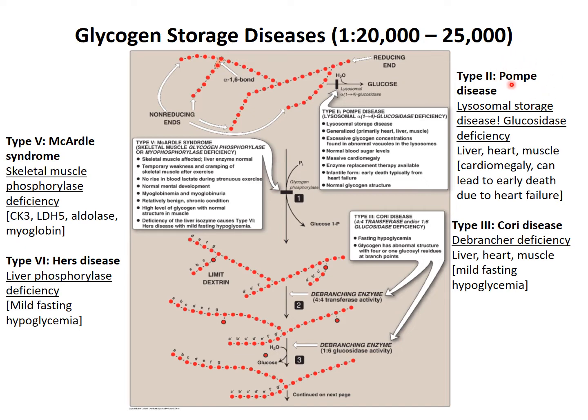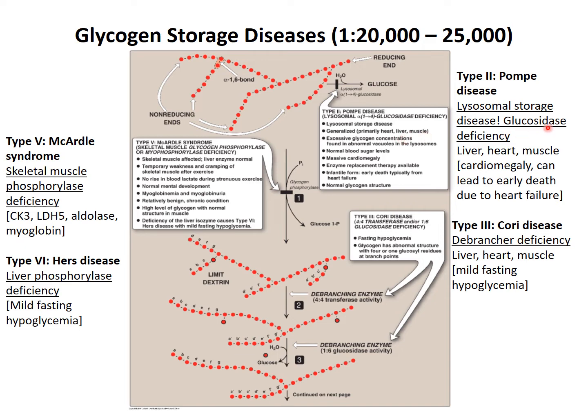So type 2 is so-called Pompe's disease. You probably remember that lysosomes are the recycling center of the cell. Glycogen, especially when there is a lot in the cytosol, can go to the lysosome and it needs to be degraded there. There is no phosphorylase there.